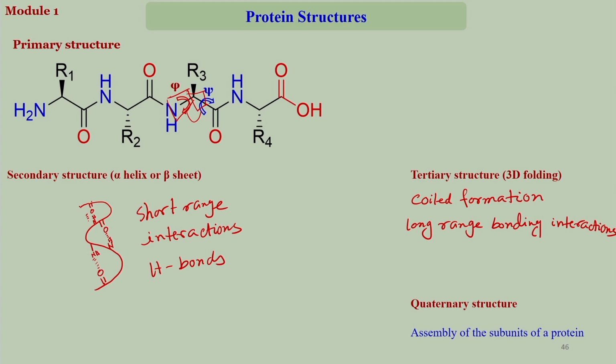Because the amine group is positively charged, the acid group is negatively charged, so they want to come closer together. So that will force this helix to fold further, so that the negative charge and the positive charge can come closer and form an electrostatic bond. Similarly, there are other types of interactions that I will just briefly explain very quickly. So, these are the long range bonding interactions that form a tertiary structure of the protein.